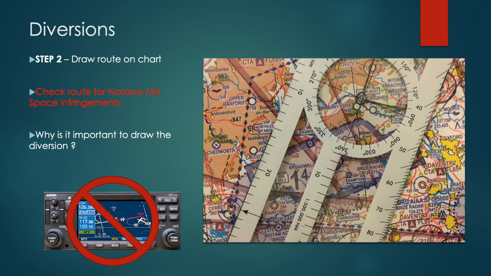Okay, and it won't take into account any airspace, any NOTAMs. So you might plan to divert somewhere, but it's going to take you straight through airspace. Okay, so these modern navigation devices won't take into account things like airspace. So that's why it's important that we draw it on a chart or electronic chart, one such as ForeFlight or Sky Demon, to make sure we don't have an airspace or NOTAM infringement.